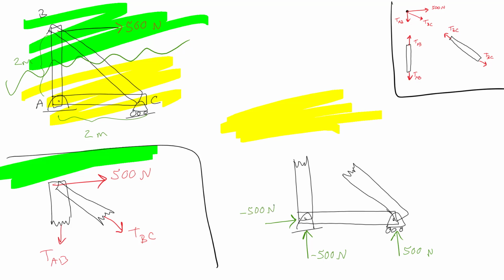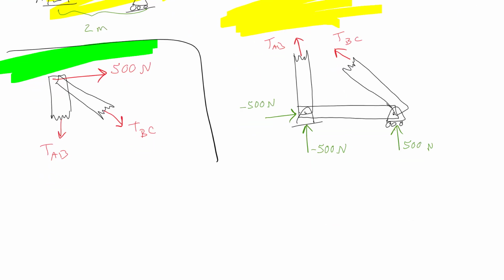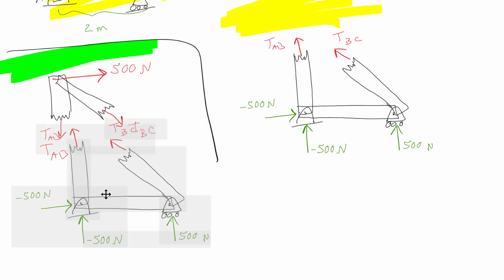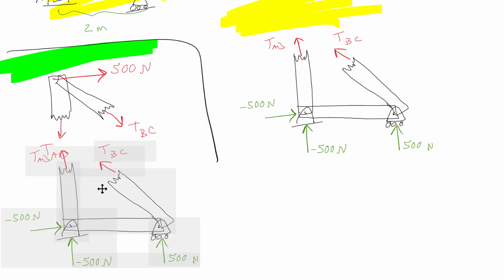So I've got those values plugged in, but now what I have here are the tension in AB and the tension in BC. One thing I should make sure you see is that if I take this here and put it over here, the TAB cancels out.